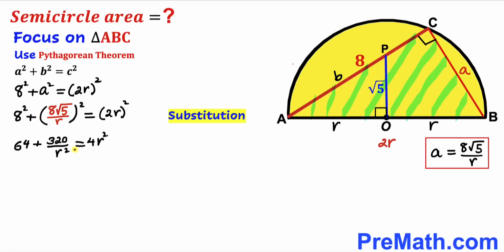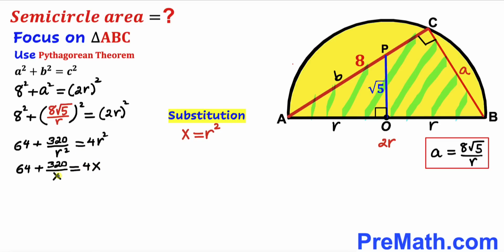To make our job simpler, let me substitute r² by x. In other words, I'm going to write x equal to lowercase r squared. So this equation is going to become 64 + 320 divided by x equal to 4 times x.